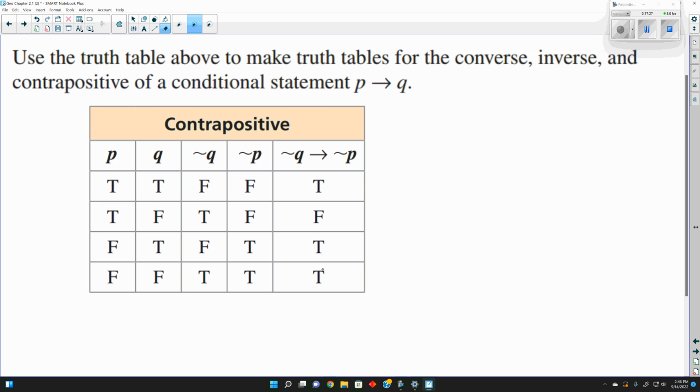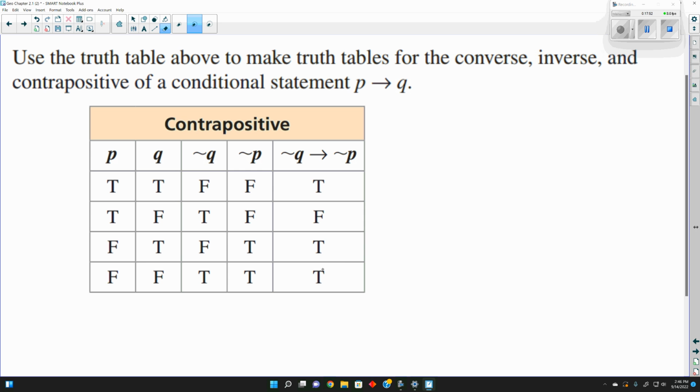Now, there's more that we can do, but I want to look at something first. So our conditional statement that we had, the first one that we did, going from the top to the bottom was what? True, false, true, true, yes? What we said yesterday was that the conditional statement and the contrapositive will always have the same truth value.